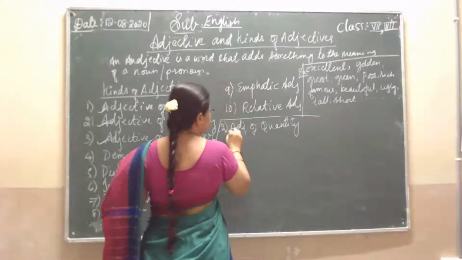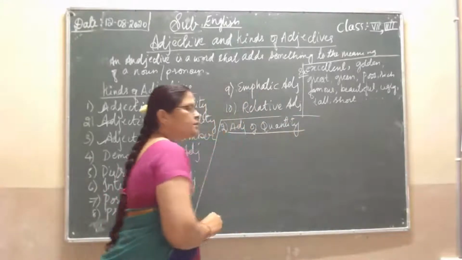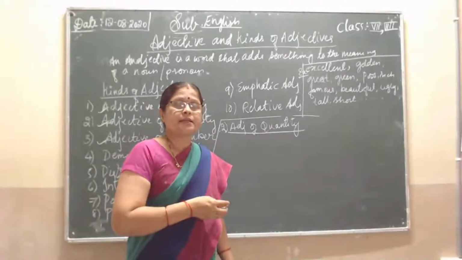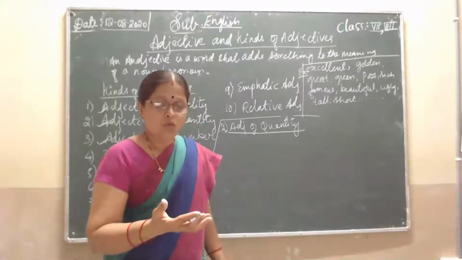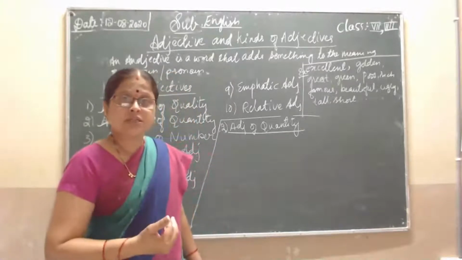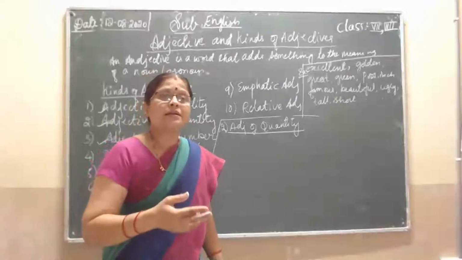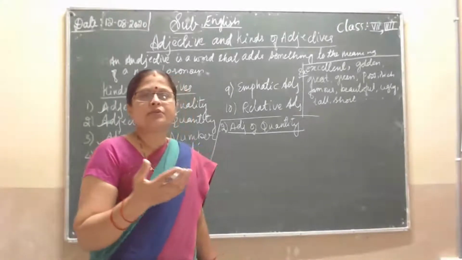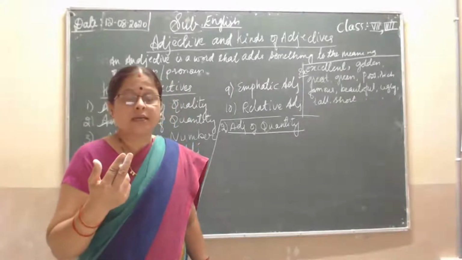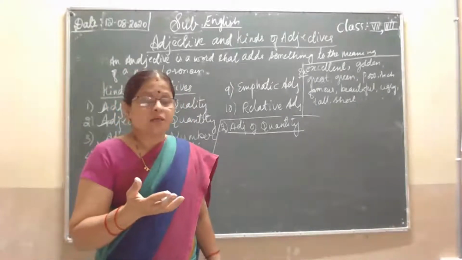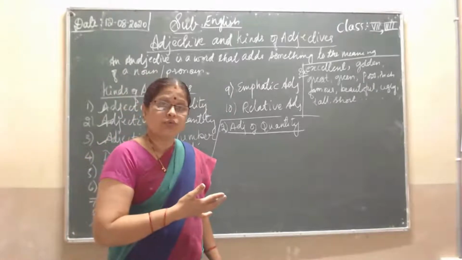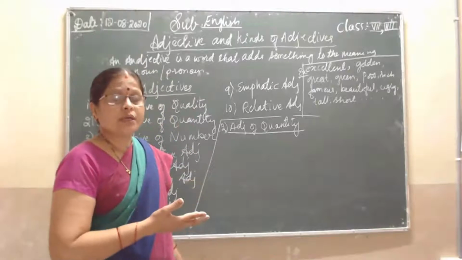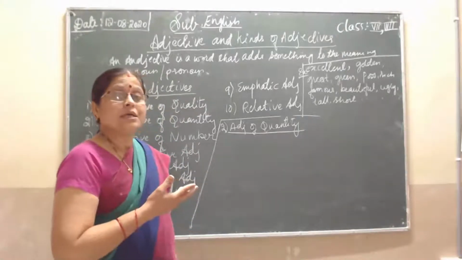Quantity itself, the word itself is saying that there is something we are holding in our hand, what we are purchasing or buying, that is measured in a quantity. Your mom will be telling you, get me 1 kg of sugar, isn't that so? That is what the quantity is. So here now we will learn about the adjective of quantity. What is the definition of the adjective of quantity?